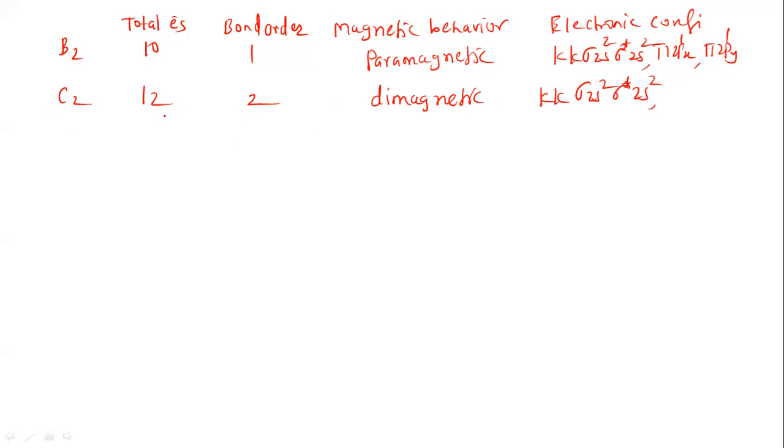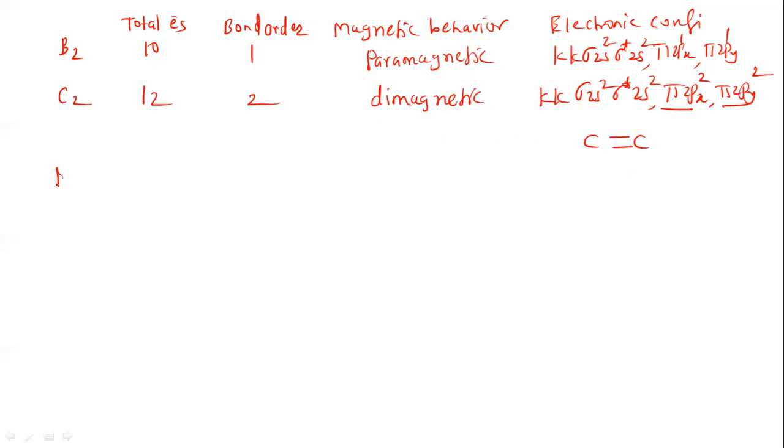Then two electrons go to pi 2px, so we can write here pi 2px 2 and pi 2py 2. So all the electrons are paired, therefore it is diamagnetic. So in the carbon molecule, you can see there are two pi bonds.